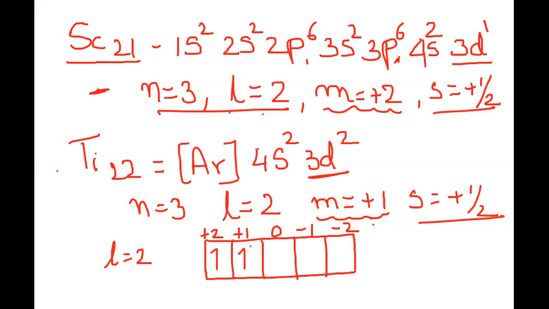This is the position of the electron we are talking about. Actually, if you really think about the concept, this electron can go and occupy any one of these. Yes. But for our study sake, we will write it as adding up systematically one after the other.